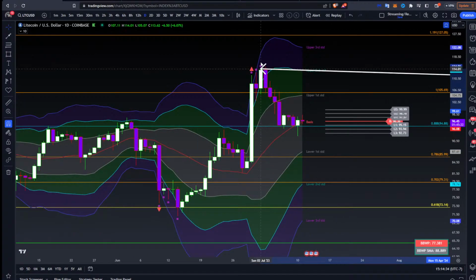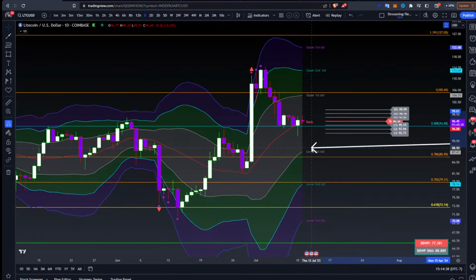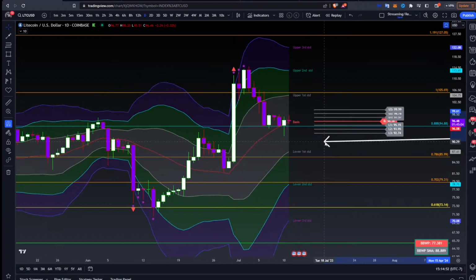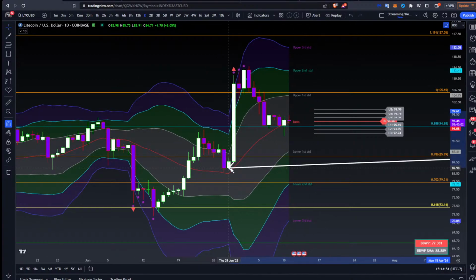Reversal off the upper second and third after pinning out volatility, come back to the basis. I would say this is good even down to the lower first. You don't want to see it break below the lower first and the 786, at around $87.50, as that would most likely violate this low.